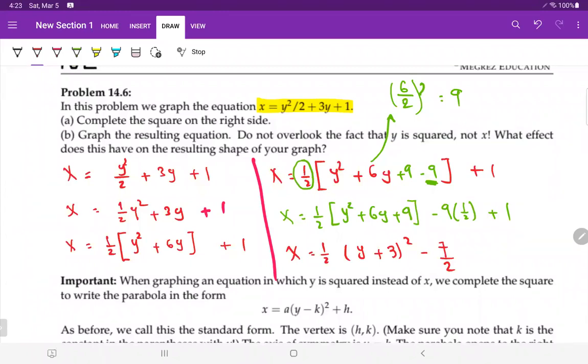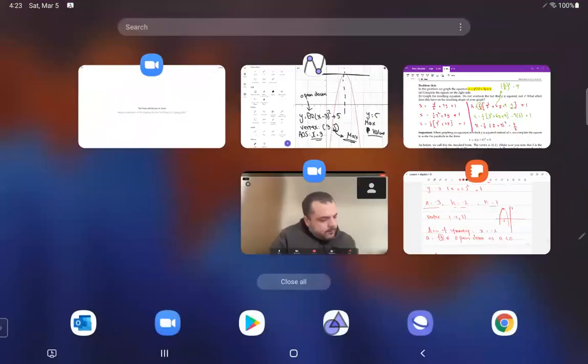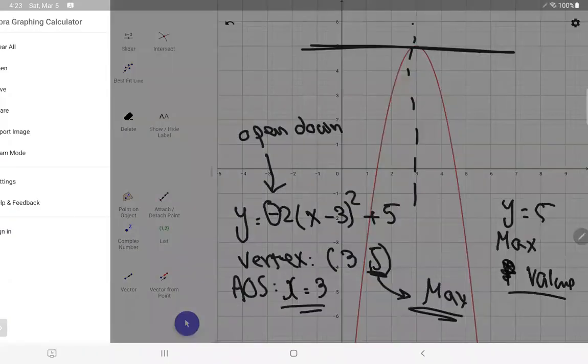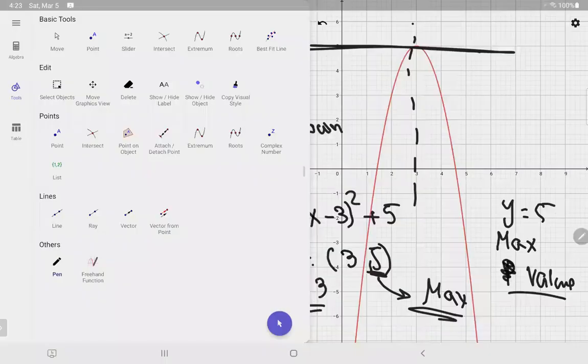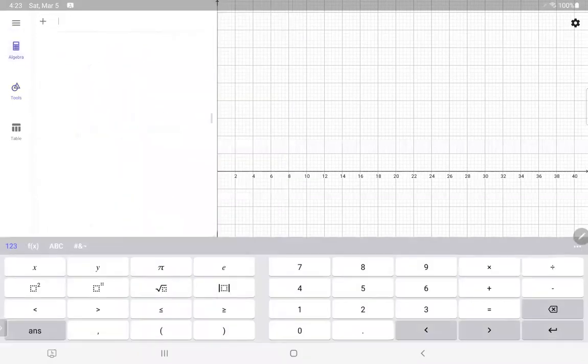Half y plus 3, negative 7 over 2. X equals half times y plus 3, minus 7 over 2.